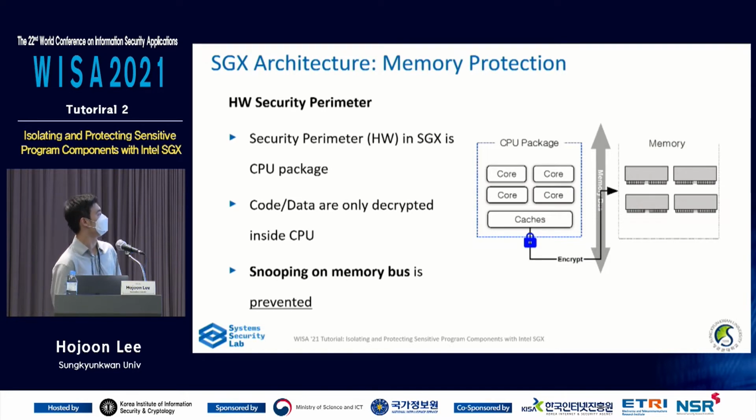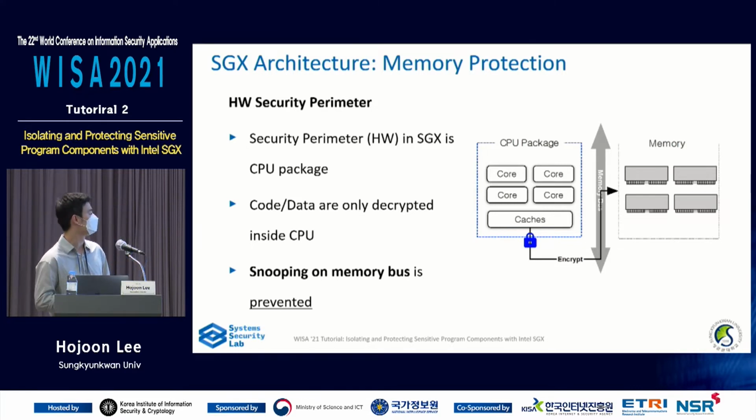All right, so hardware security perimeter. This is the security perimeter of SGX in terms of hardware. The security perimeter in hardware in SGX is the CPU package, meaning unencrypted data or code can only reside inside the CPU package. Whenever the data has to go back out to memory, the Intel CPU will automatically encrypt it and then save it onto your DRAM devices.